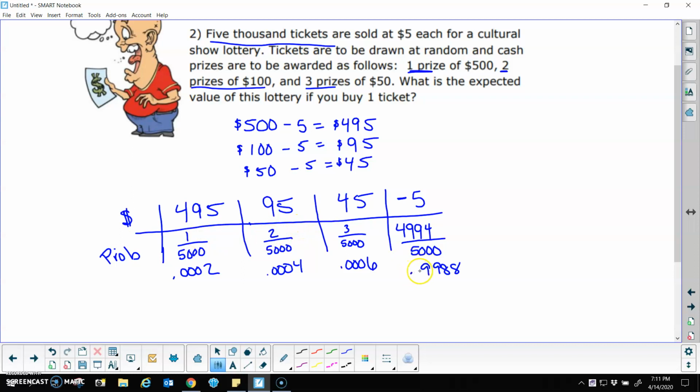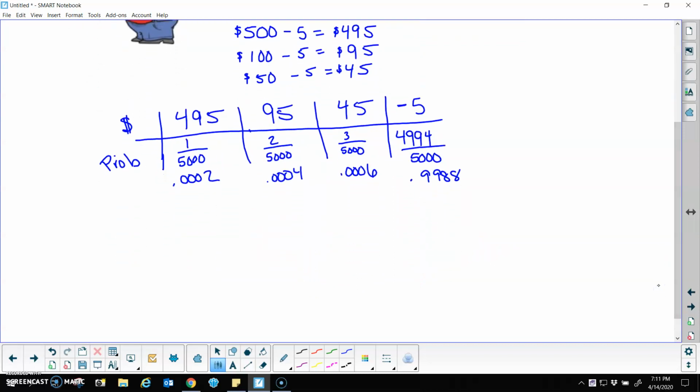Okay, so let's find out how much money we can win, or lose, if we were to play a ticket. So here is our expected value.